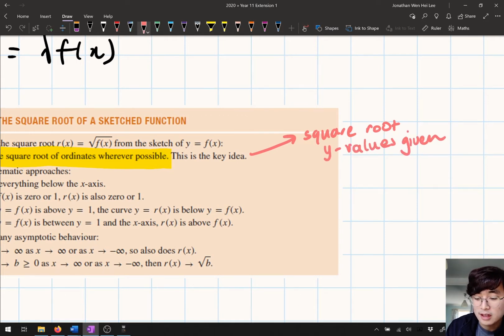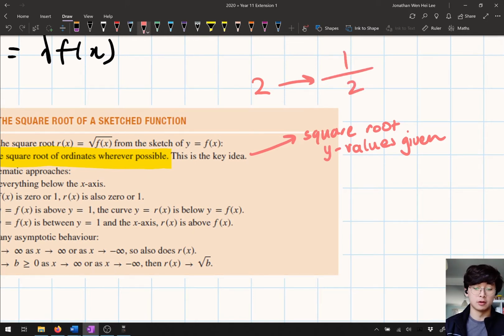And I should have made this clear in the previous video, but this is exactly the same regardless of what graph we're doing. So last lesson when we did reciprocals, we wanted to take the reciprocal of y values. For example, we had an asymptote at 2, and when we took the reciprocal, that resulted in 1 over 2.